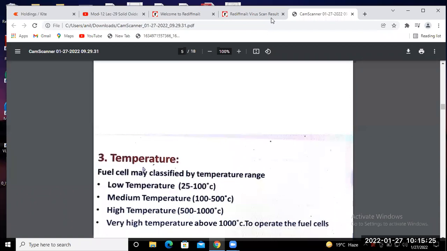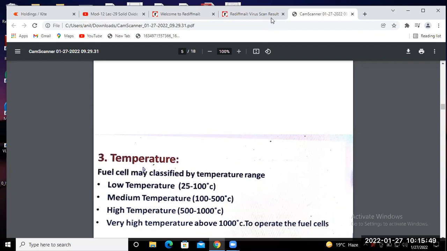So a fuel cell may be classified by temperature range. For low temperature, the range is 25 to 100 degrees Celsius, and medium temperature is 100 to 500 degrees Celsius.